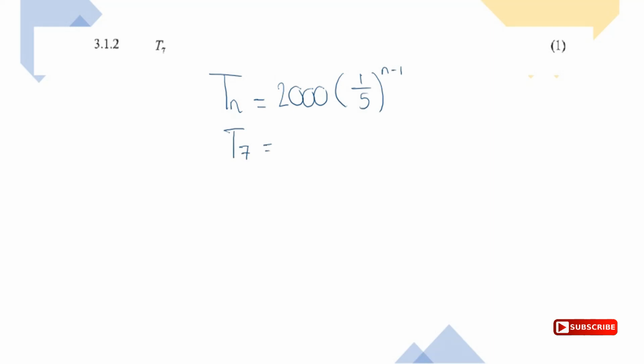So where we've got N, we're going to substitute 7. So it's 2000 times (1 over 5) to the power of 7 minus 1, and then you're just going to punch that into your calculator.